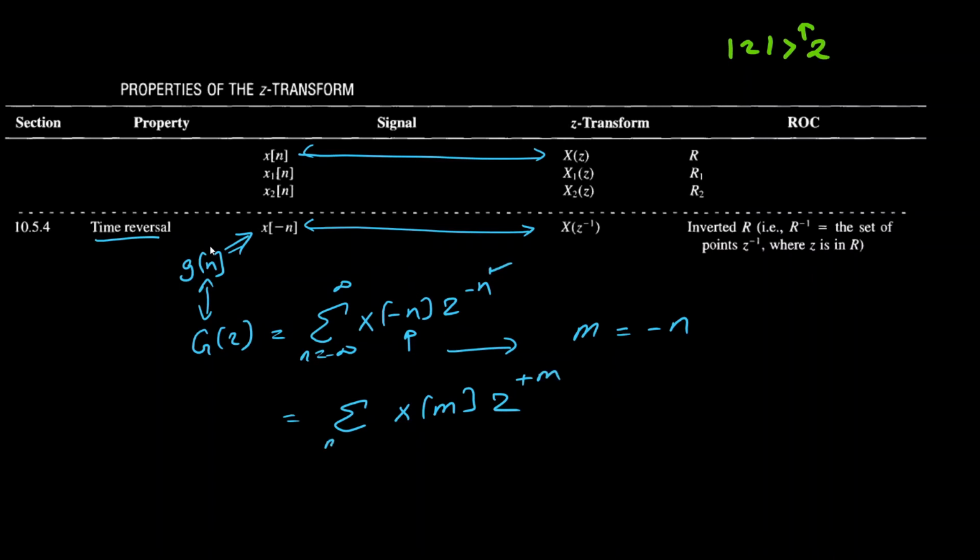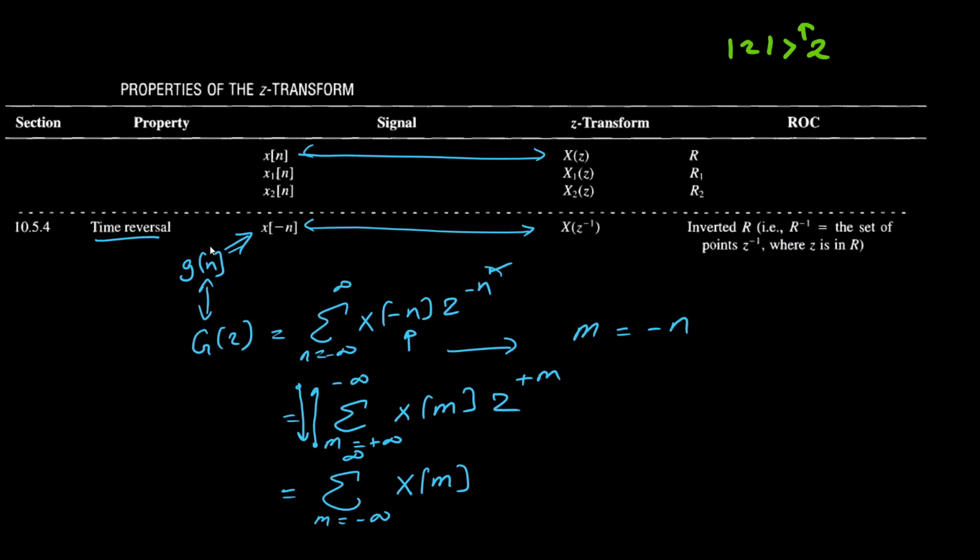So this n would change to plus m. Similarly, the limits of summation would now be reversed, so this will become plus infinity and this will become minus infinity. In a summation, if you are adding from plus infinity to minus infinity or minus infinity to plus infinity, it is the same, so it will not have any effect. So we can simply revert back, that is m from minus infinity to infinity, and then we have x of m.